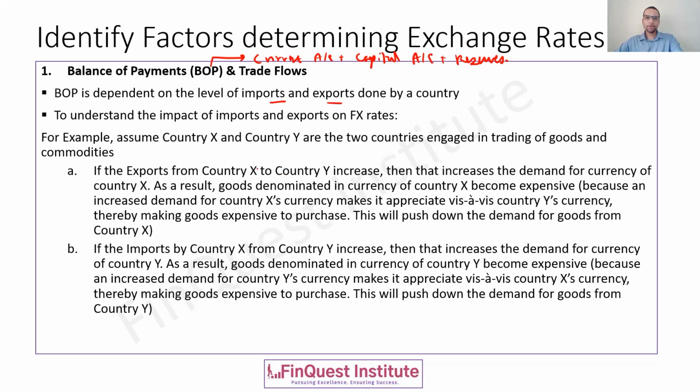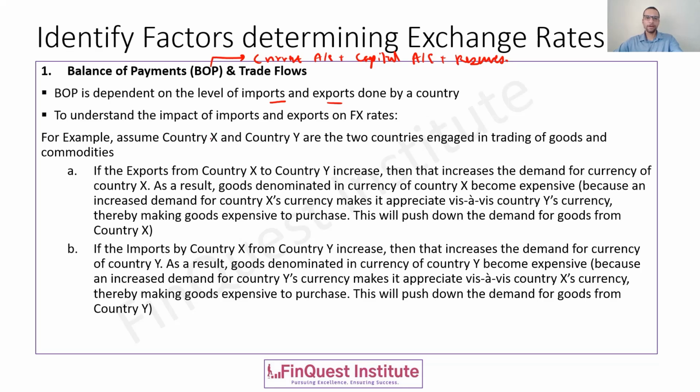In this scenario, since the demand for country X products is higher, the demand for the currency of country X is also going to be high, because the products will be denominated in their currency. As a result, the goods denominated in country X's currency will become more expensive.